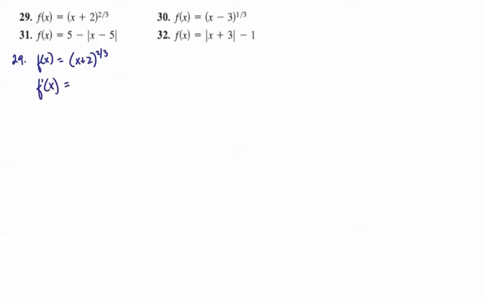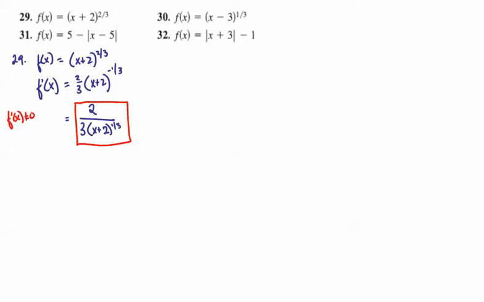First derivative is 2/3 times (x plus 2) to the negative 1/3. Now when we rewrite this, we end up with 2 over 3 times (x plus 2) to the 1/3 power, and this is another example of where this is the derivative, but f prime of x is never equal to 0.